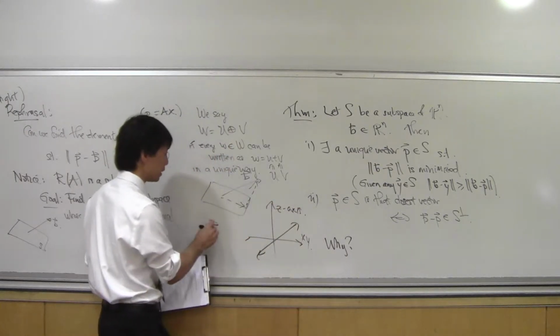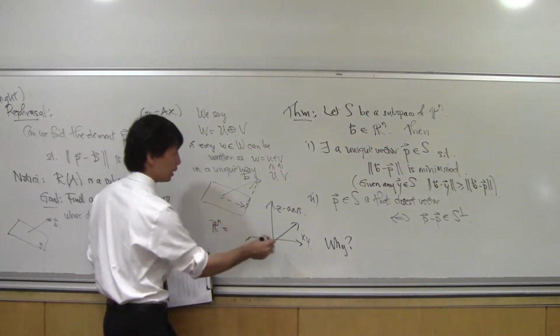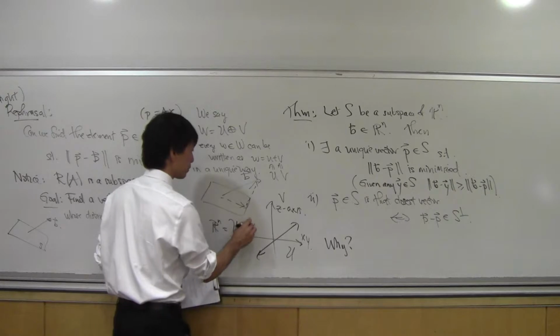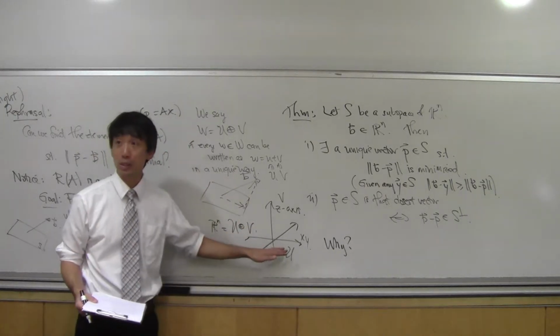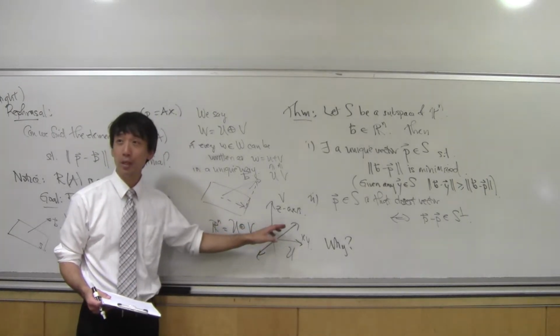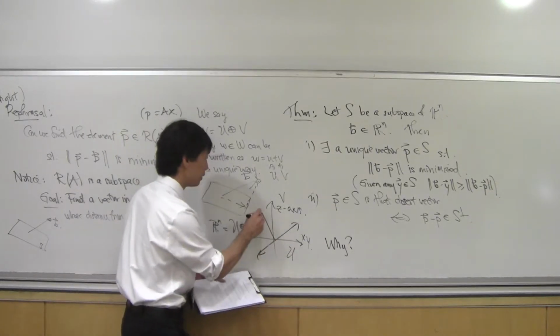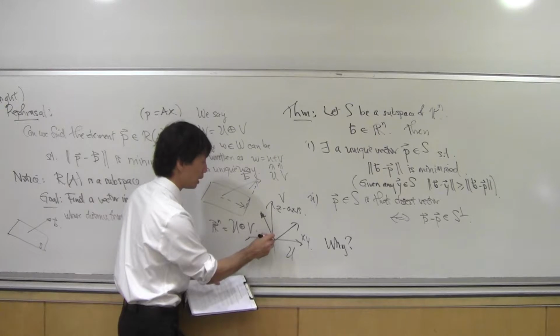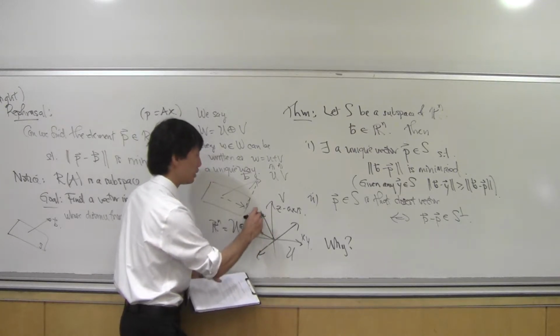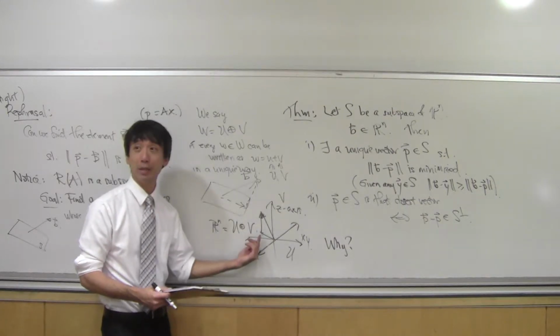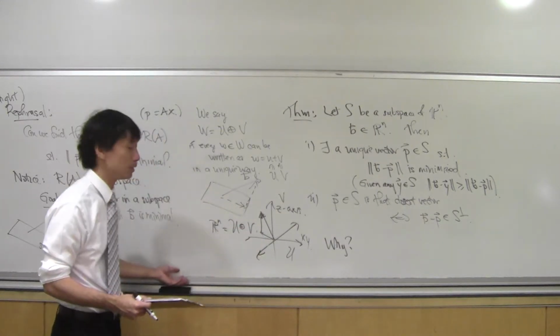Let's call this thing U, call this thing B. Everybody in Rn can be expressed as somebody in the XY plane plus somebody along the Z axis, and there's only one way to do that. So that's how you want to think about it.